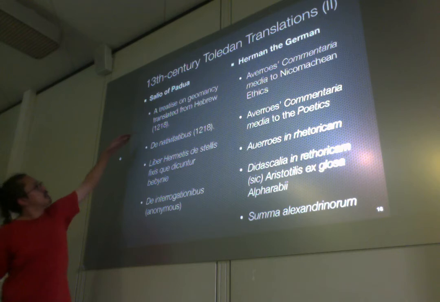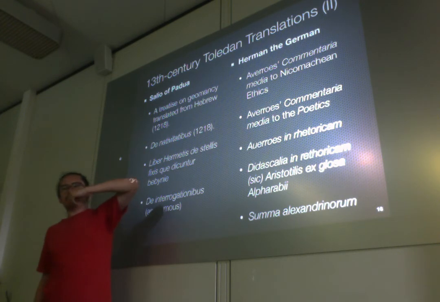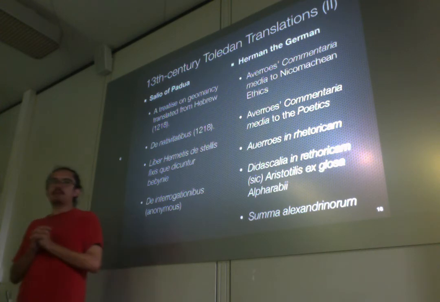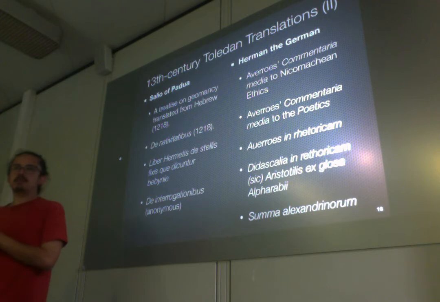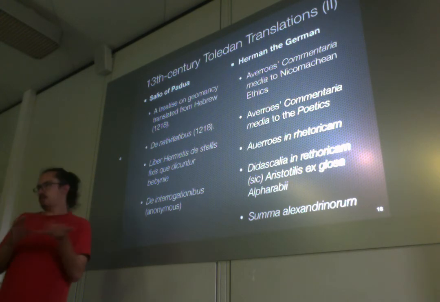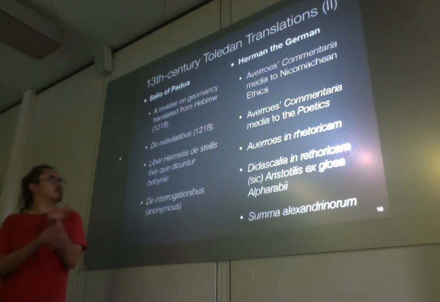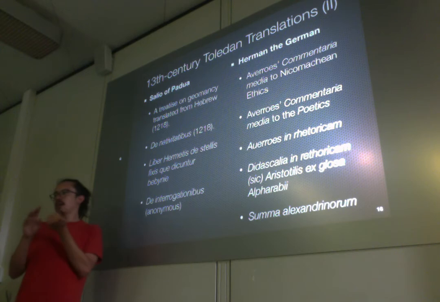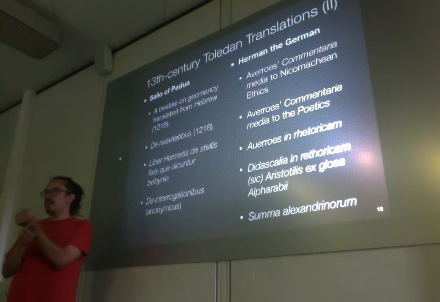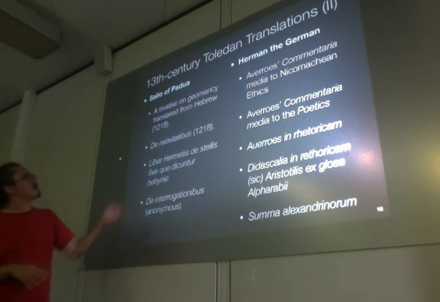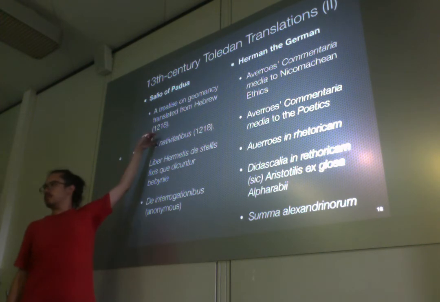And Salio of Padua, who did also, there apparently were main interests among the translators. We have philosophy for sure, we have meteorology, we have divination, we have alchemy, and medicine. And a lot of stuff. But we have lots of works on divination.